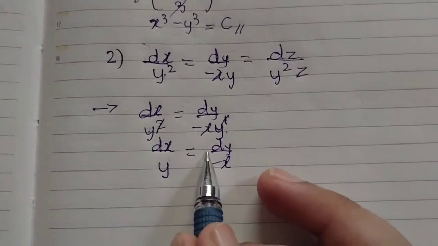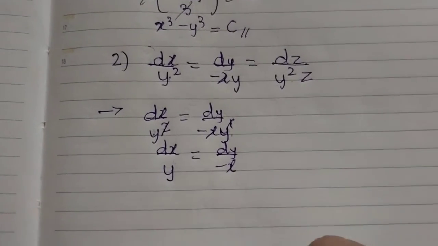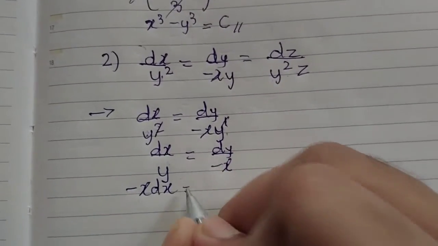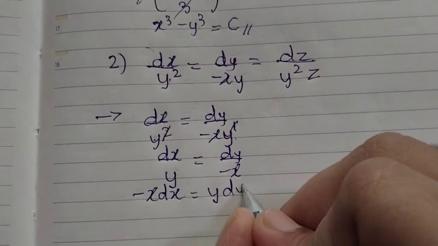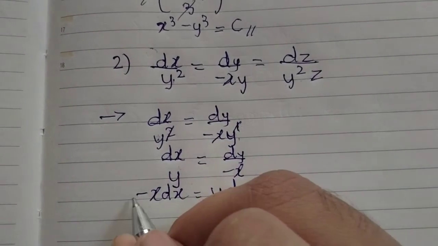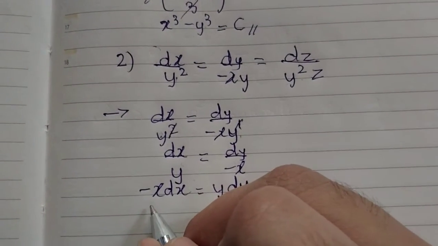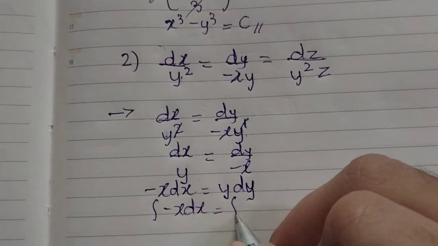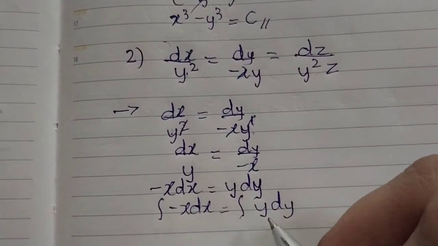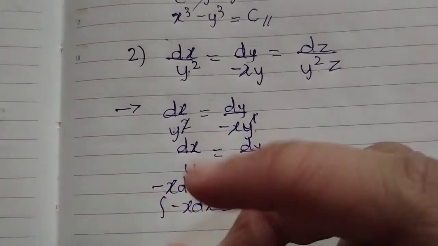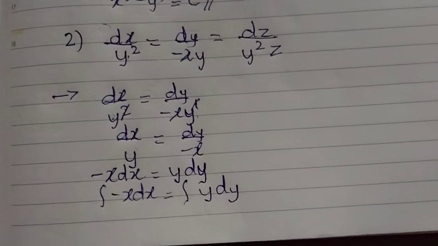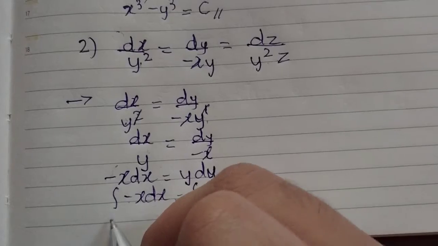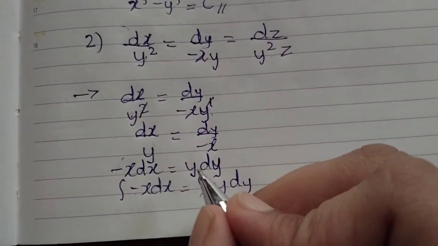Now as dx by y is equal to dy upon minus x, again cross multiplying, you get minus x dx is equal to y dy. Now integrating on both sides, we will get minus x dx is equal to integration of y dy. Integration of x raised to n is x raised to n plus 1 upon n plus 1.